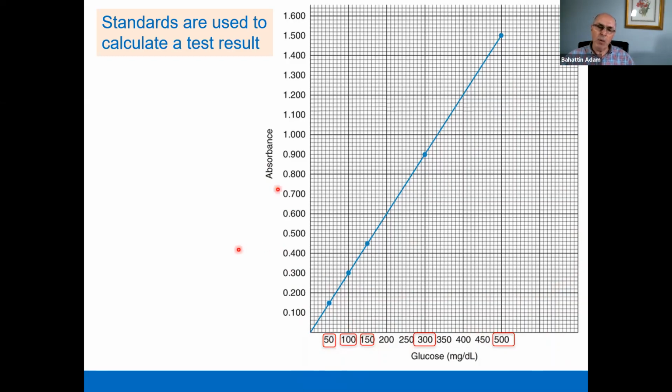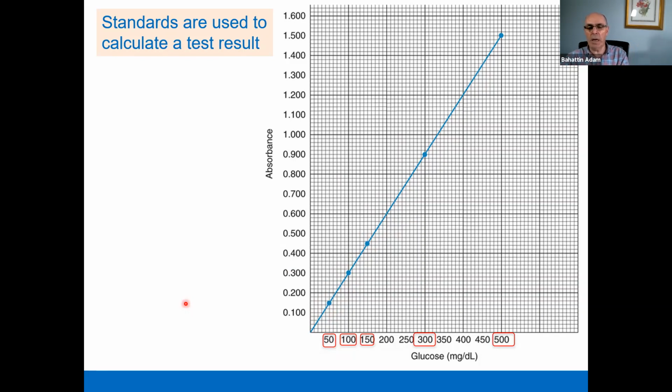And then once I obtain the absorbance of each standard, I am going to also plot the absorbance of each standard and create a graph. Now my graph is ready, and then I have patient samples. I don't know the amount of the glucose in such samples.